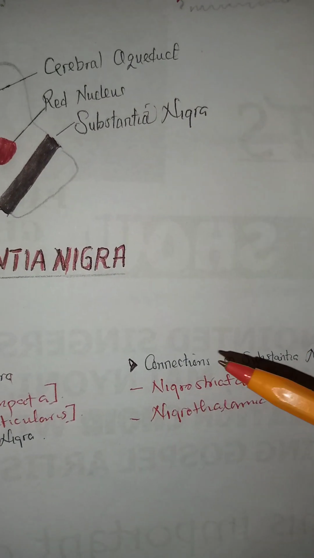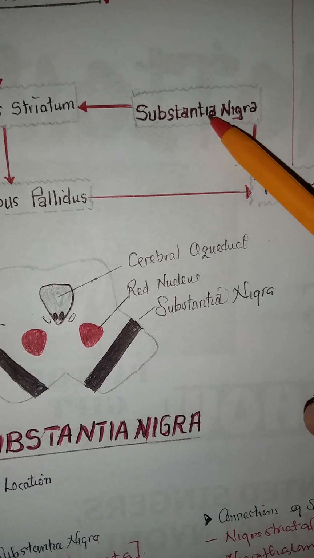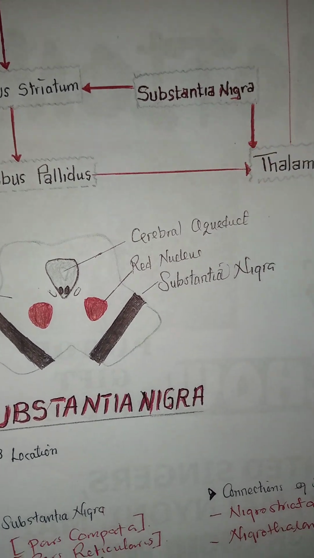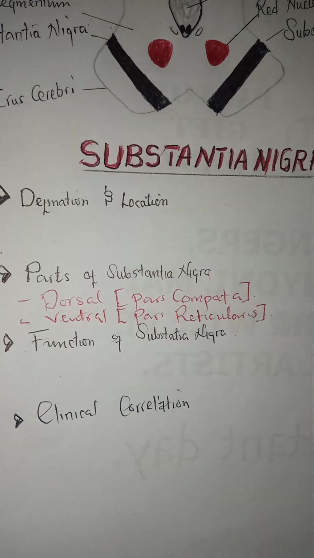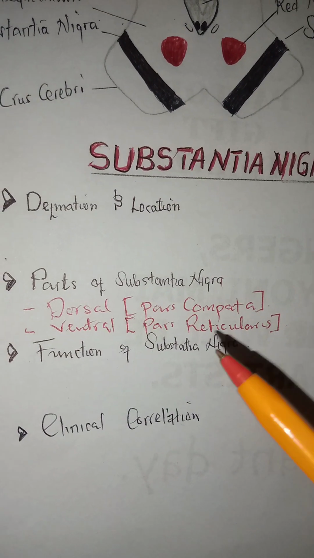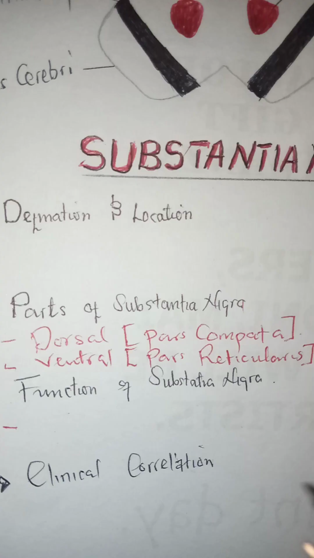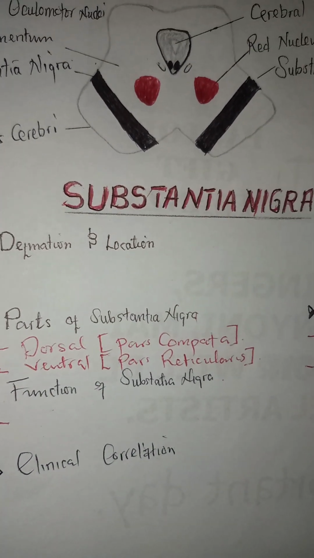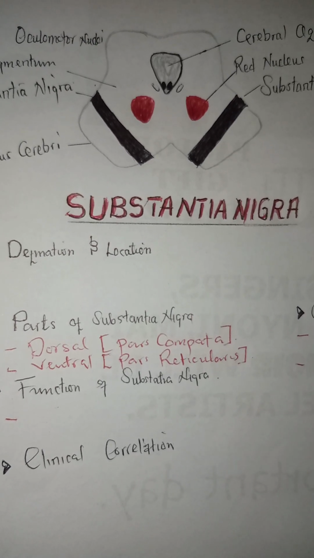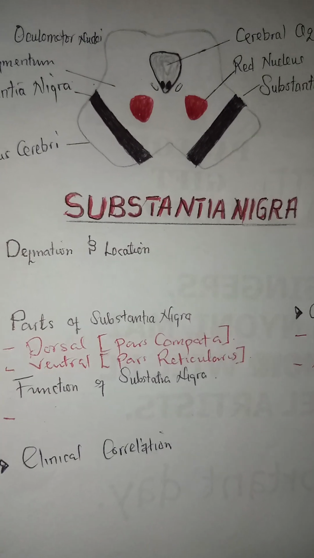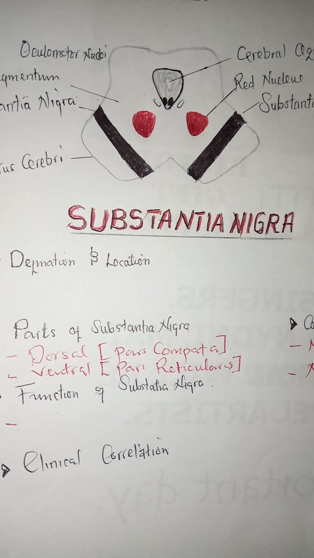Now we know the fibers which are sent by the substantia nigra. Before we go to the clinical correlation, let's talk about its function. Since the substantia nigra is part of the basal ganglia, and we know the basal ganglia is involved in movement, obviously the substantia nigra is also involved in movement.